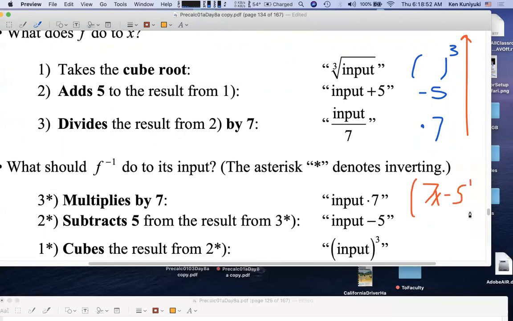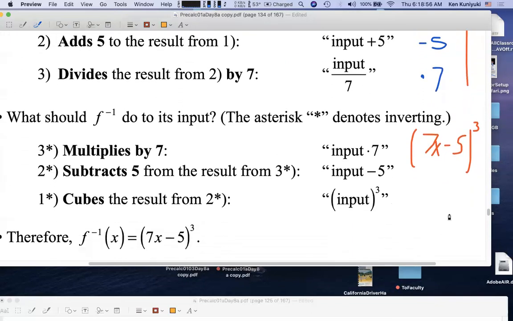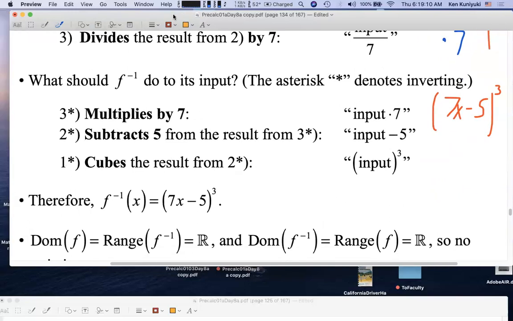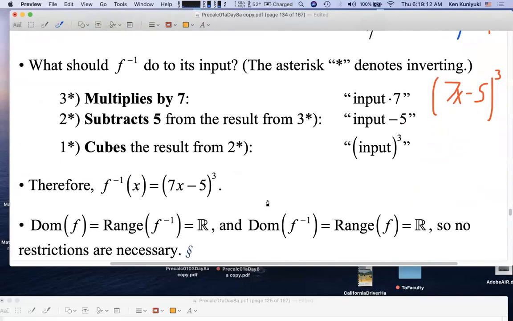Take the result, cube it. And that's our rule for f inverse of x, right here. We take x, multiply by 7, take the result, subtract 5, take the result, cube it. All right. The domain and range for both functions is all reals.